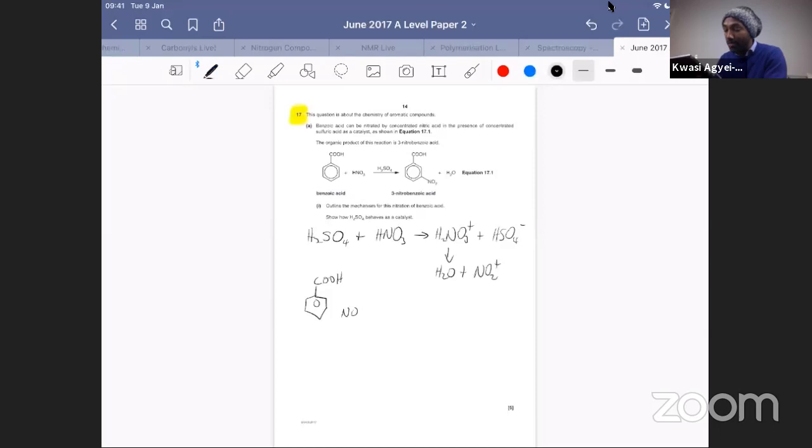I draw it here. And then we draw a curly arrow from our pi electrons to the NO2+.